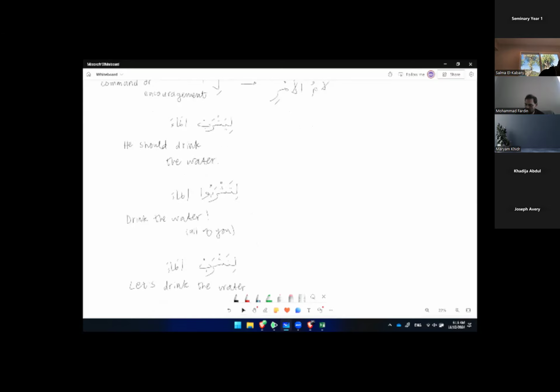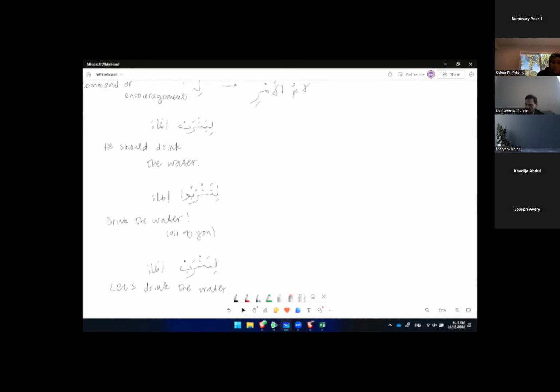Okay, the last piece to keep in mind with our lam al-amr is that when it has a fa or a waw attached to it, then the lam will become a sukun.